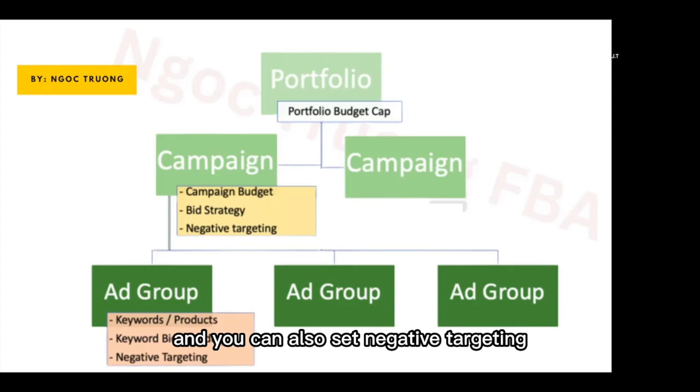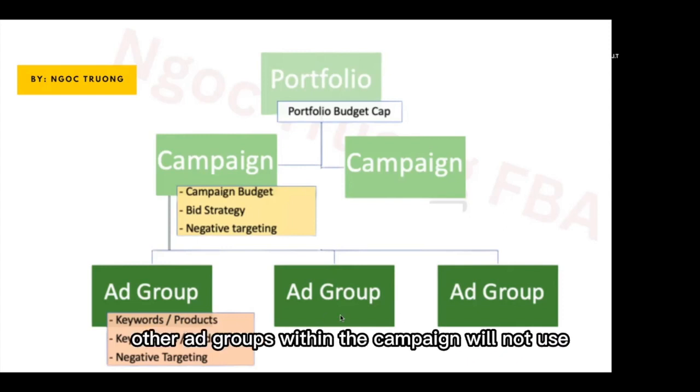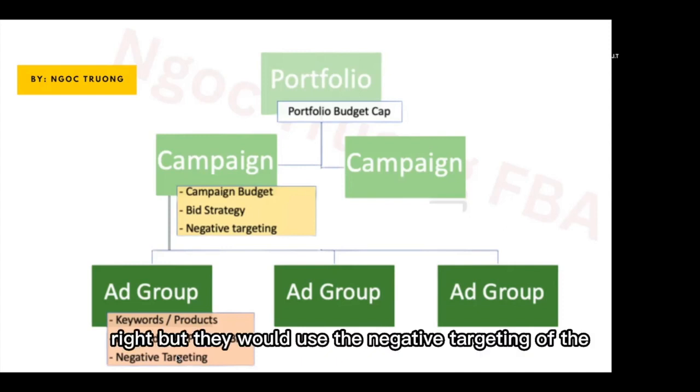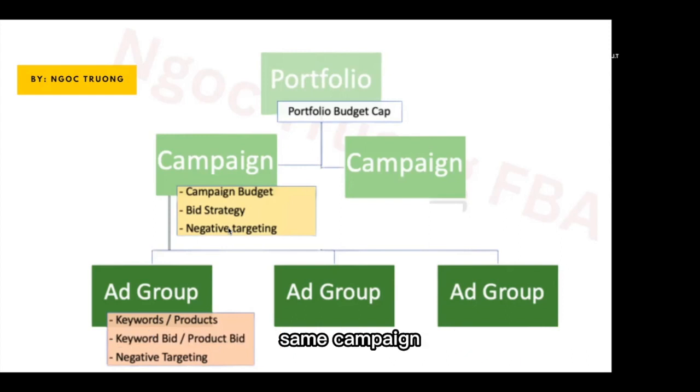And you can also set negative targeting for an ad group. Other ad groups within the campaign will not use the negative targeting of a certain ad group, right? But they will use the negative targeting of the same campaign. I have explained it very clearly already.